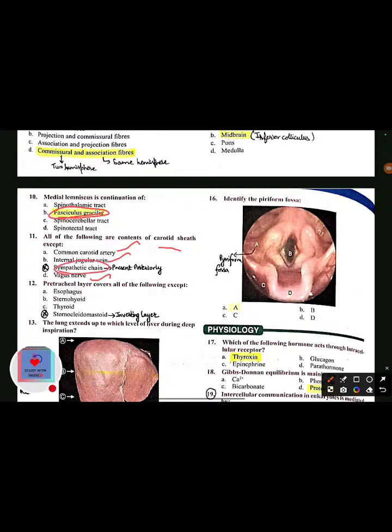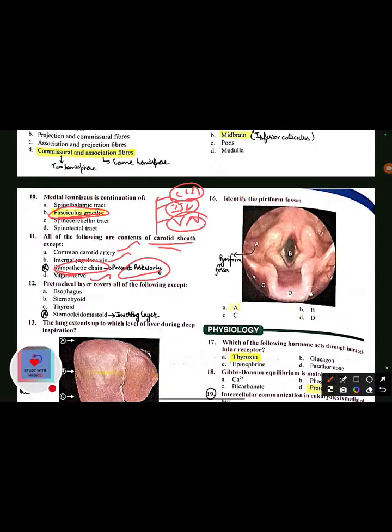But the sympathetic chain is present outside the carotid sheath, posteriorly. So the carotid sheath has three things: one artery, one vein, and one nerve. Common carotid artery, internal jugular vein, and vagus nerve.